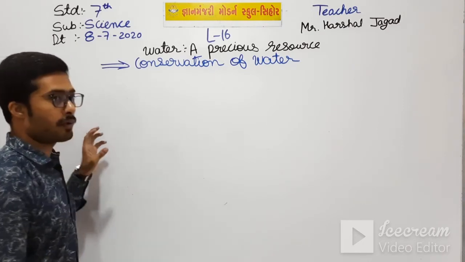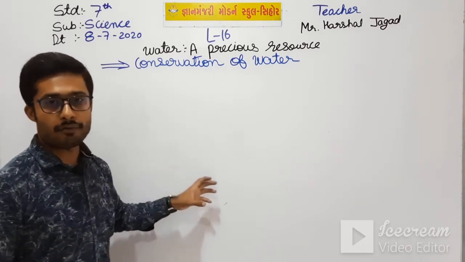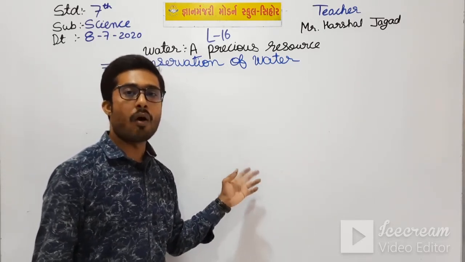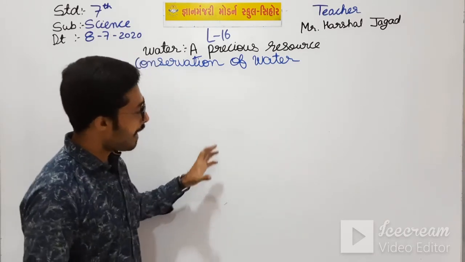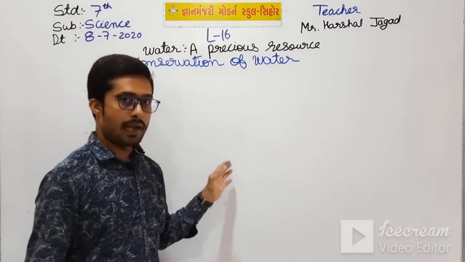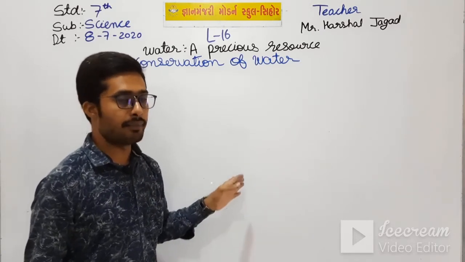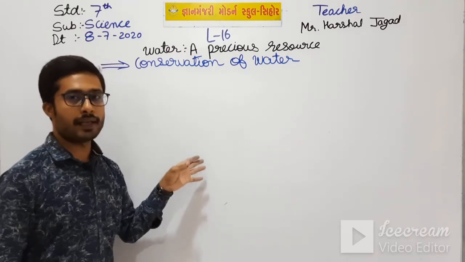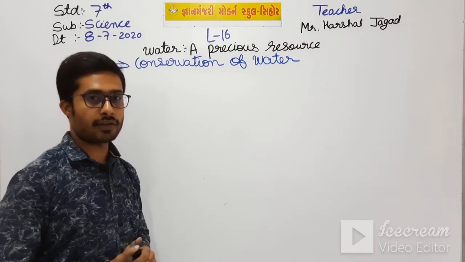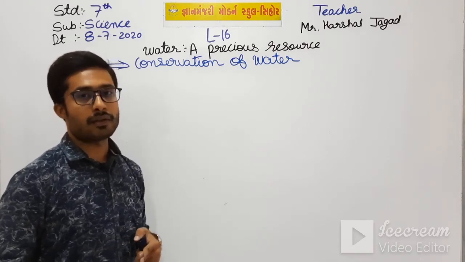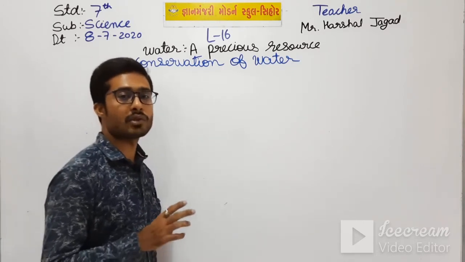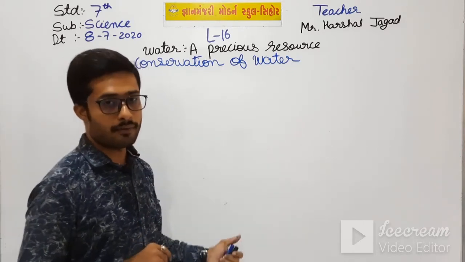Due to the mountains, rivers are formed, and in between we build a dam or lake or pond or anything, and due to this the water is conserved. If we build a dam in the river, the water is conserved. So this is the first technique to store water, the rainwater.